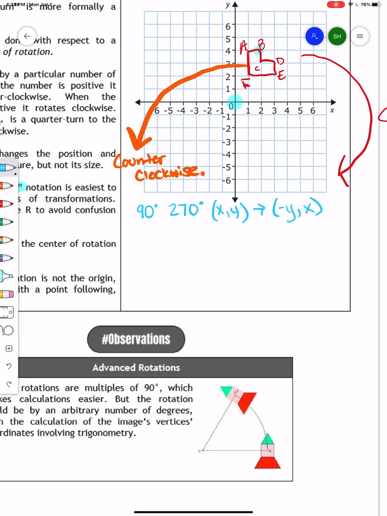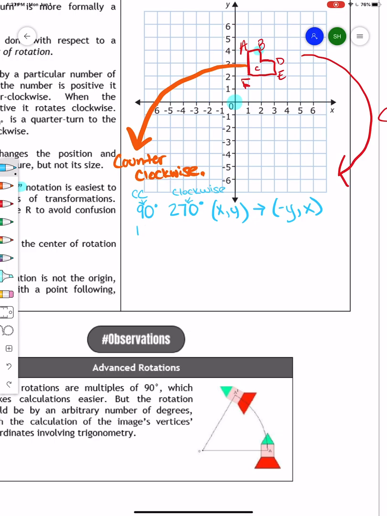Now, you may be wondering, why 90 and 270? I am going to explain. If you were going 90 degrees counterclockwise, so that would be this one, counterclockwise, and this side is clockwise, you are going 270 degrees clockwise, okay? So it's just an easier way to remember it.